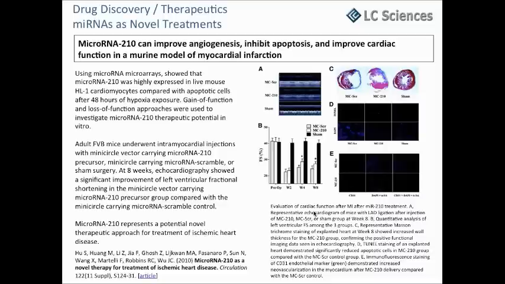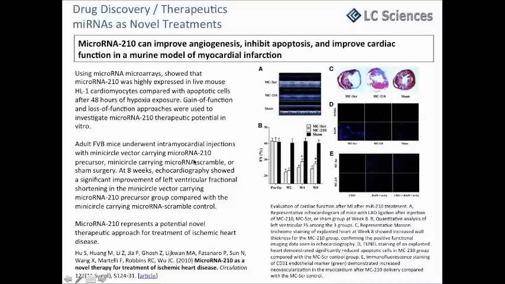Again, this one was done using microarrays, and the result was that it showed that microRNA 210 was highly expressed in live mouse HL1 cardiomyocytes, and compared that then to apoptotic cells 48 hours after the hypoxia exposure. And again, of course, it was compared to also a sham probe.